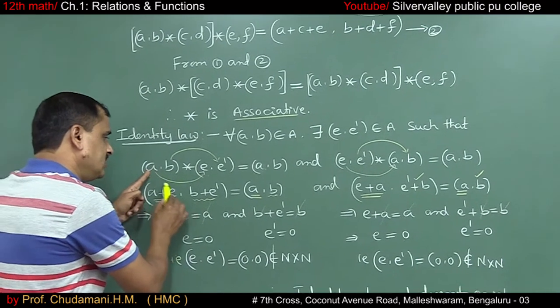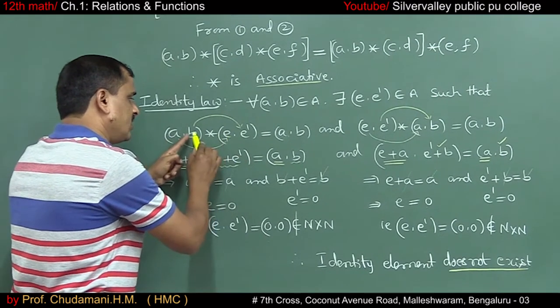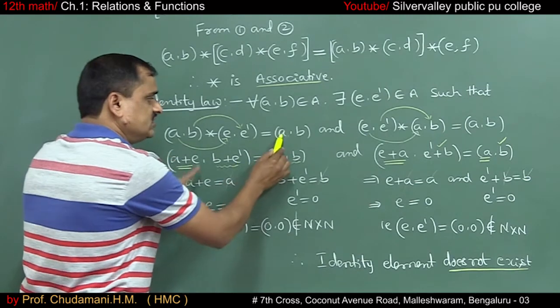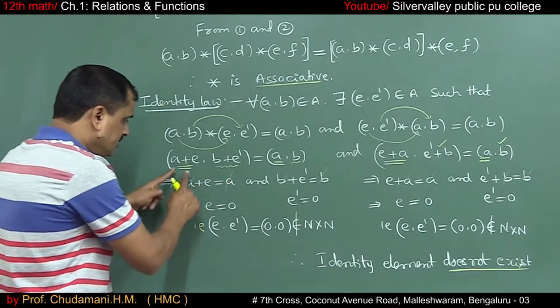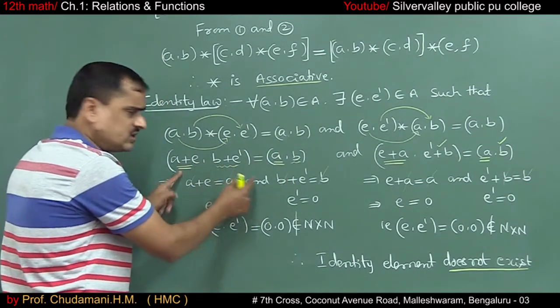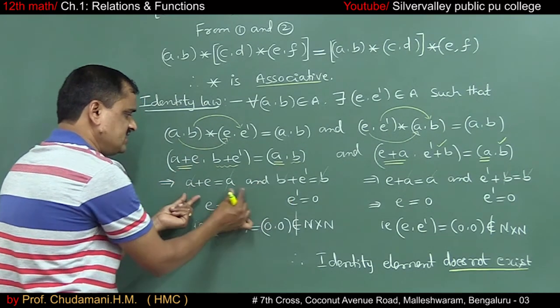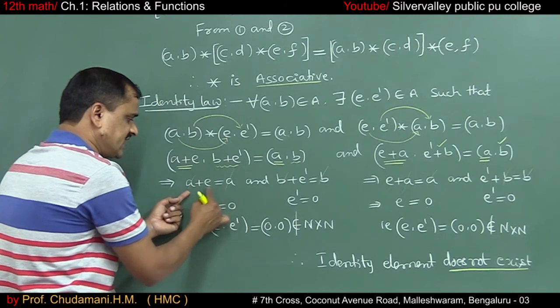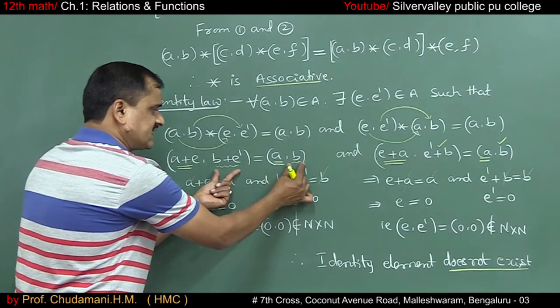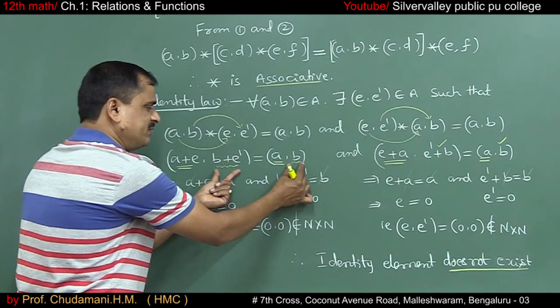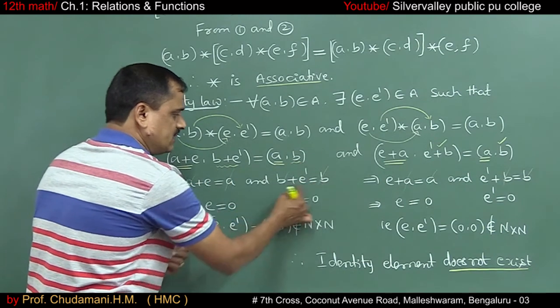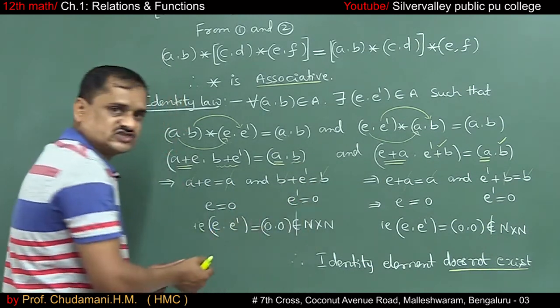Apply the definition. (a plus e, b plus e') equals (a, b). These two ordered pairs are equal provided the first elements are equal: a plus e is equal to a, a gets cancelled, e equals 0. And the second elements are equal: b plus e' equals b, b gets cancelled, e' equals 0.